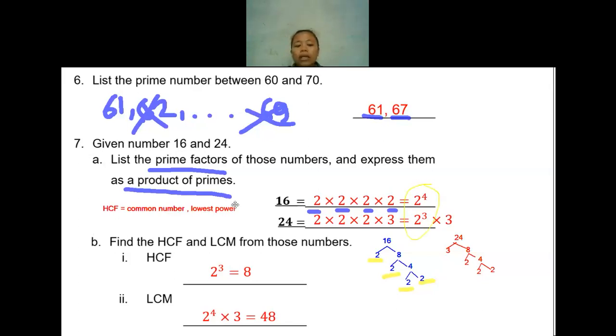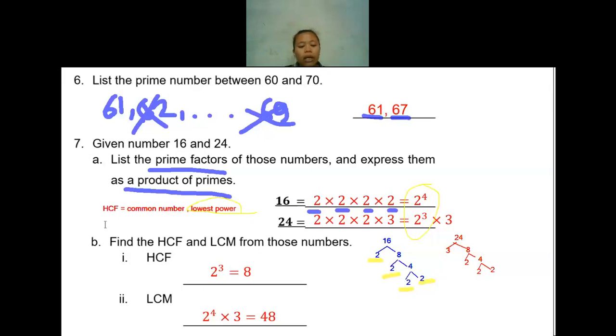Because we have to take the lowest power, I will take the 2 to the power of 3 as the HCF. So the HCF equals 2 to the power of 3, or we can break down into 2 times 2 times 2, which is equals to 8.